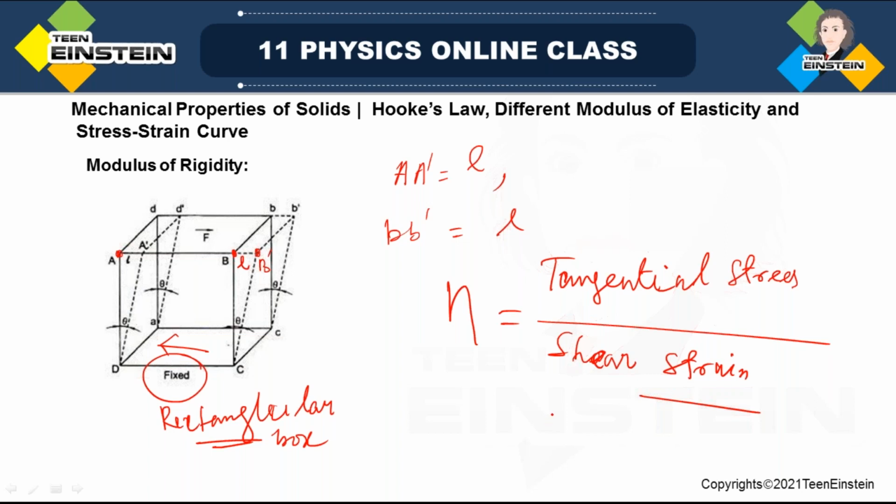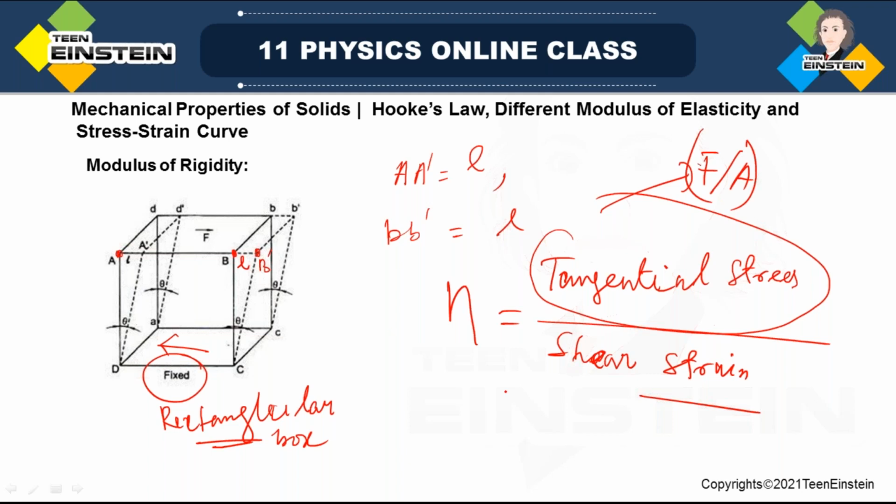Now let us see how to find the shearing stress and shearing strain. Tangential stress is obviously F by A. What about shearing strain? Shearing strain is theta, and since it is very small, we are assuming theta is nearly equal to tan theta, and tan theta is perpendicular by base.